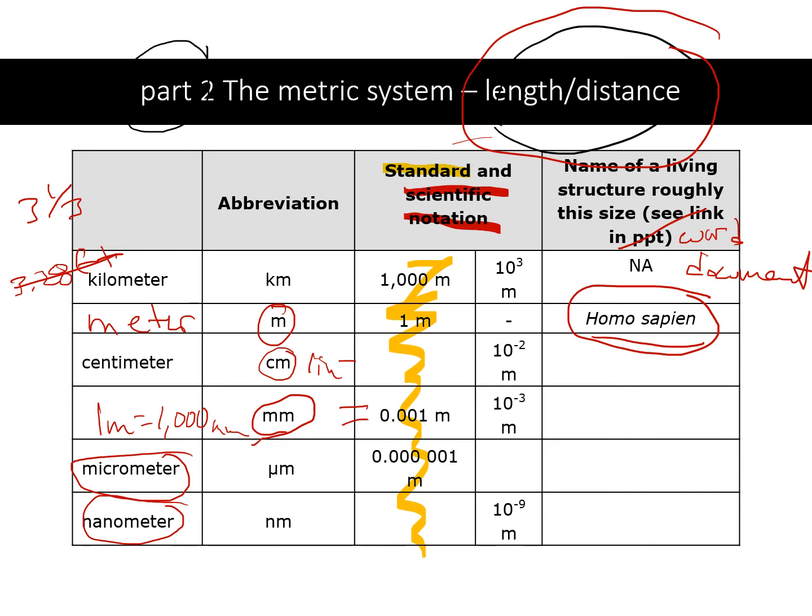So a millimeter is 1,000th of a meter, or 0.001 meter. A micrometer, this is what we use to measure the size of cells, is a millionth of a meter. And 10 to the negative 3. And this one, it's pretty easy, 10 to the negative 6. That's a millionth. That's a billionth. And this is what we use to measure things like big molecules. So you'll have to fill this in the assignment.